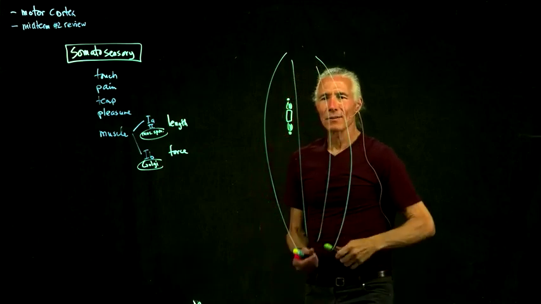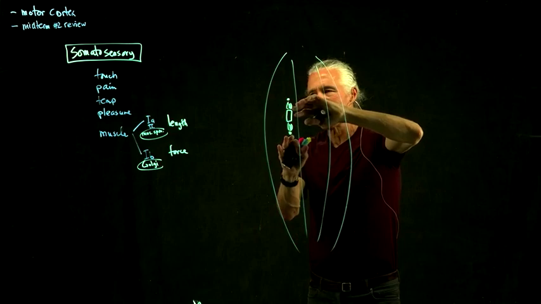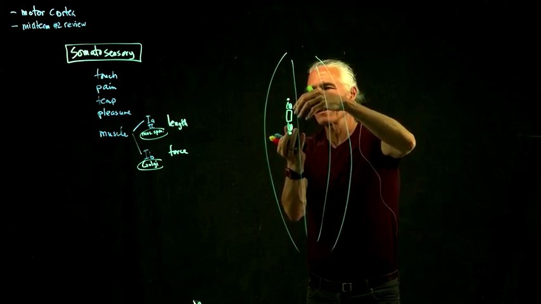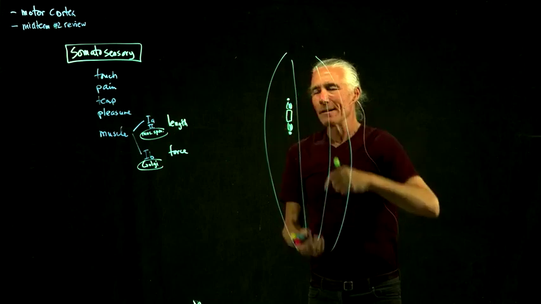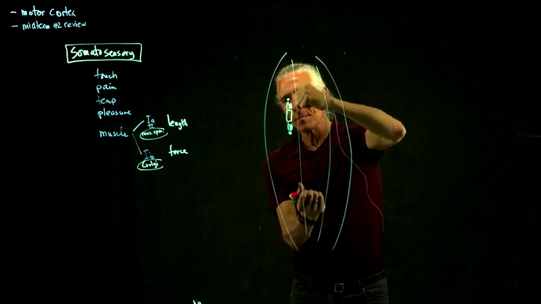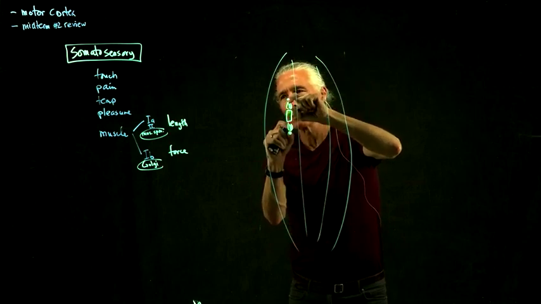So how does it work? Well, if the muscle contracts and nothing happens, this detector is just going to go slack, and the detector can't detect slack. So the way it works is you send out a signal, contract the main muscle, and at the same time contract these little spindle muscles.